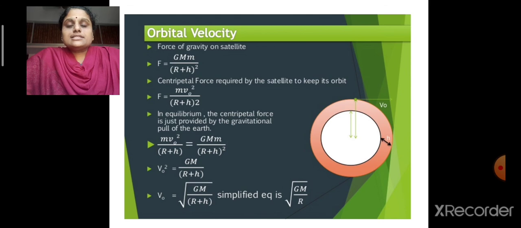If the satellite is very close to the surface of the Earth, R plus h is simply replaced by R, and the equation for orbital velocity becomes root of GM divided by R.